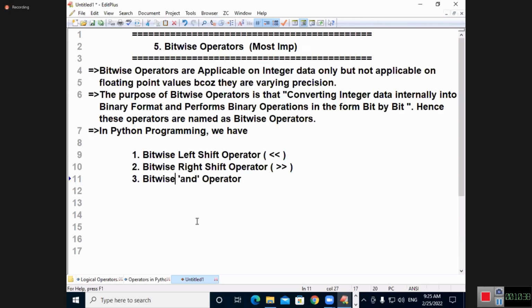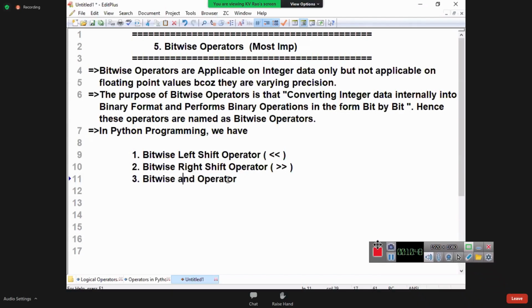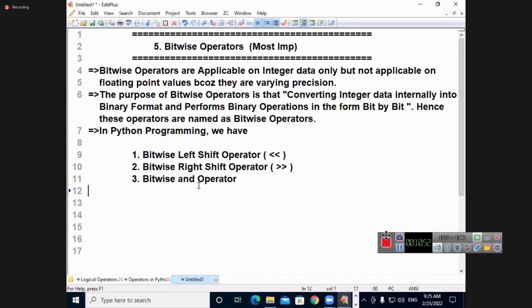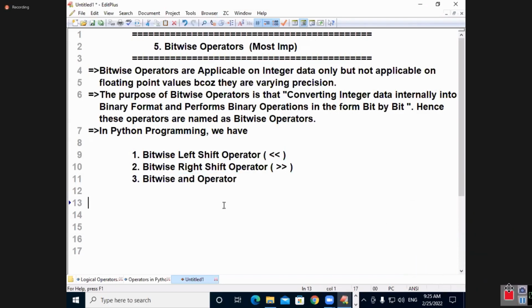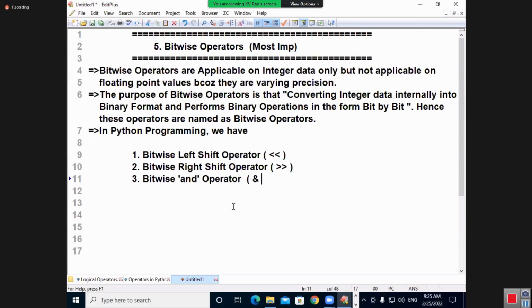I wrote it in English because our students will be concentrating, and I just want to test. Bitwise AND operator is nothing but the operator name. Bitwise is one word, operator is one word, and AND is separated, so it's not a separate word. What is the symbol? I am using it here like this.